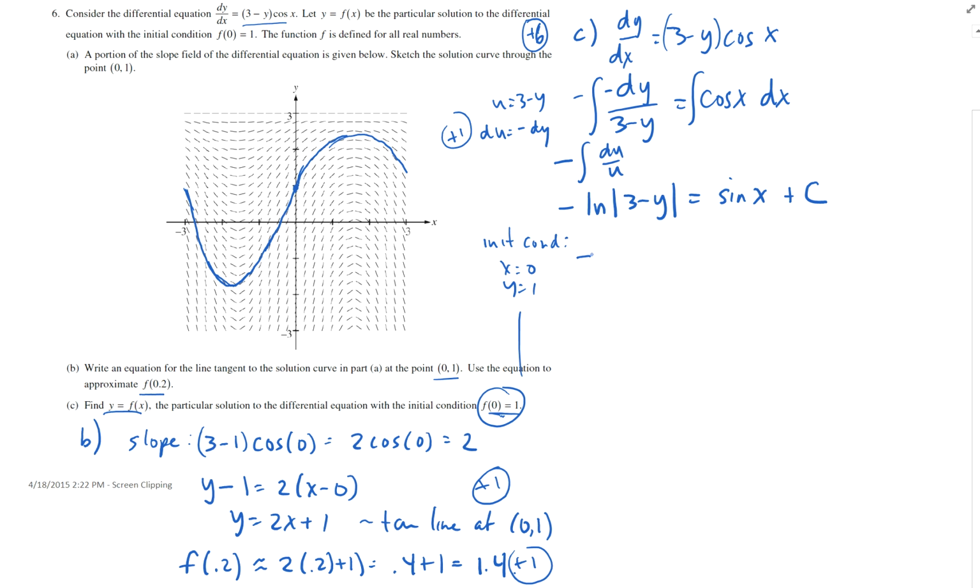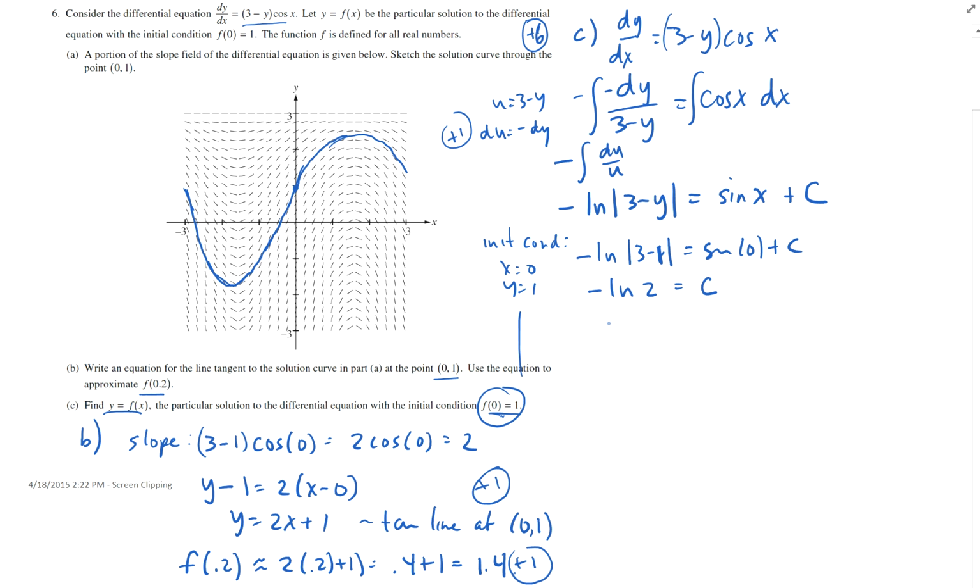So we get negative natural log of the absolute value of 3 minus 1 equals sine of 0 plus c minus natural log of the absolute value of 2. Sine of 0 is 0. So c is minus the natural log of 2.